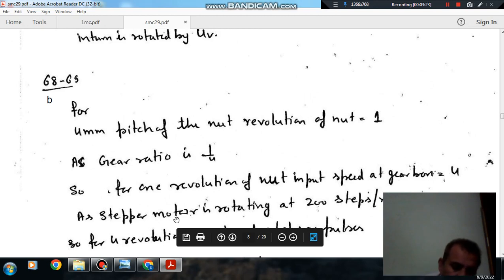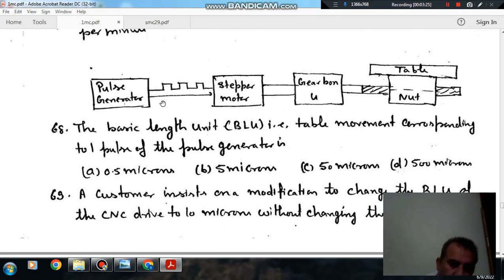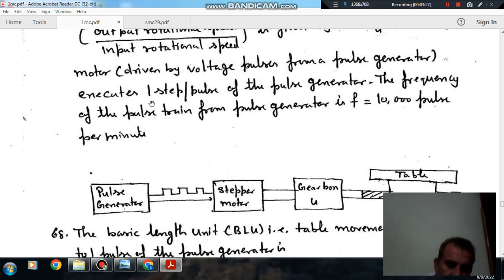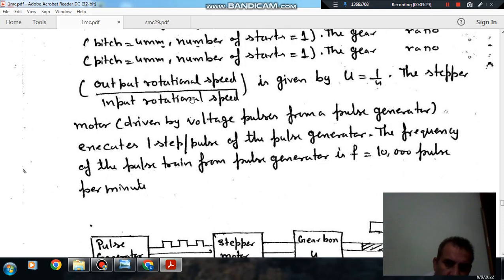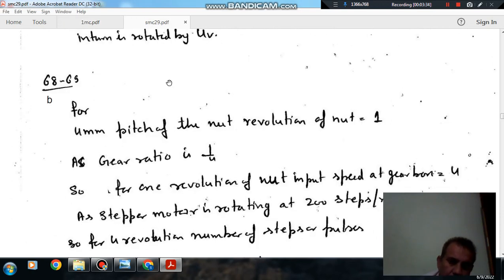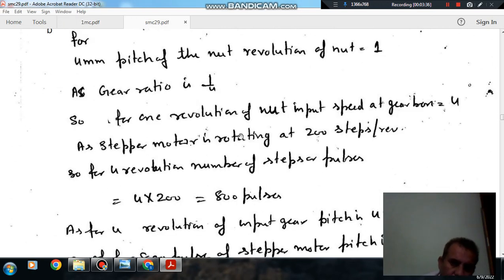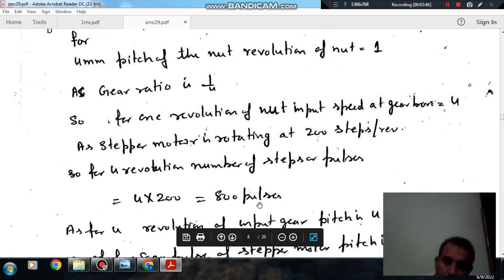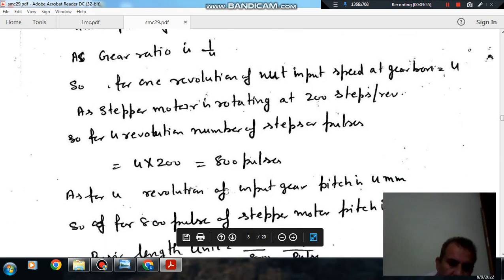The stepper motor is given 200 steps per revolution. As there are 4 revolutions of the stepper motor for one revolution of the nut, the number of steps or pulses for the stepper motor is 4 into 200, that is 800 pulses for one revolution of the nut.